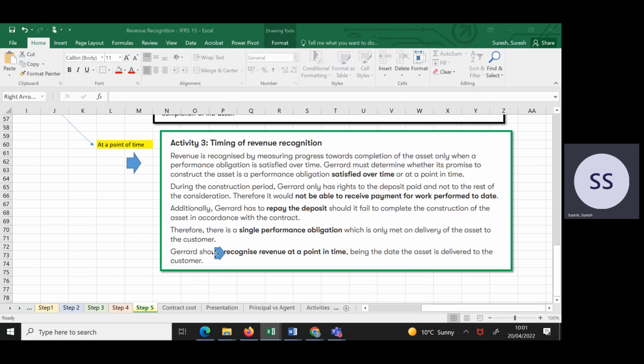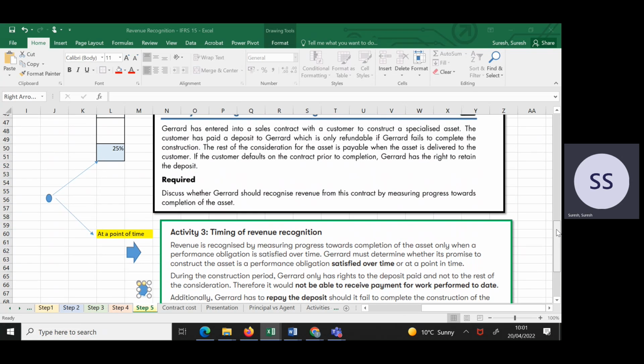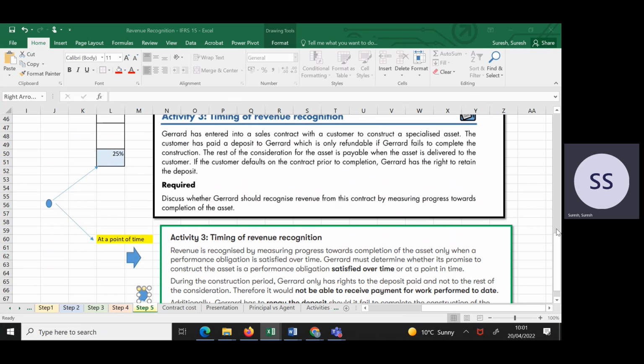Therefore, Gerard should recognize the revenue at a point in time, being the date the asset is delivered to the customer. So now we have a rough idea of what this whole issue is about, right? We identify when the performance is completed, and then you recognize the revenue accordingly.